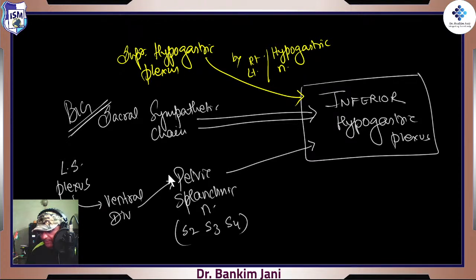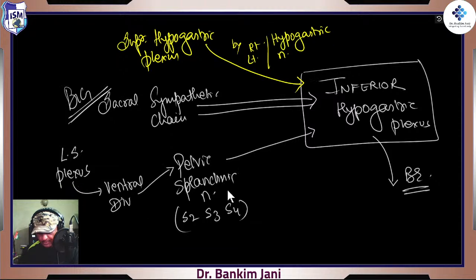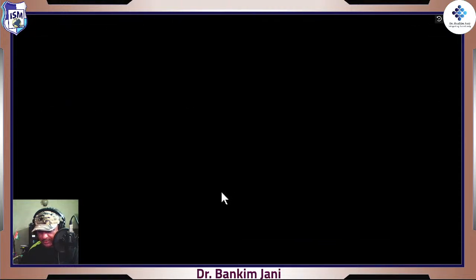And then the inferior hypogastric will give branches, as we saw above, to the respective organs. So that's how the nerve supply becomes so rich. Right? Now, when we say this, how is this superior hypogastric plexus formed, right?